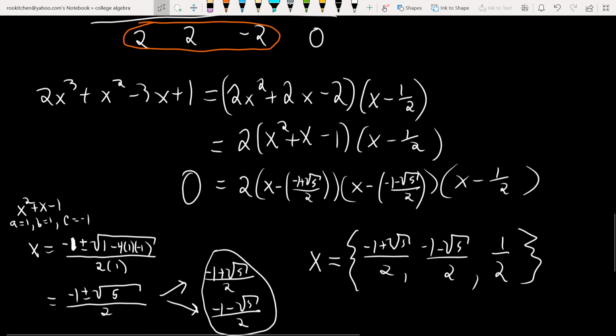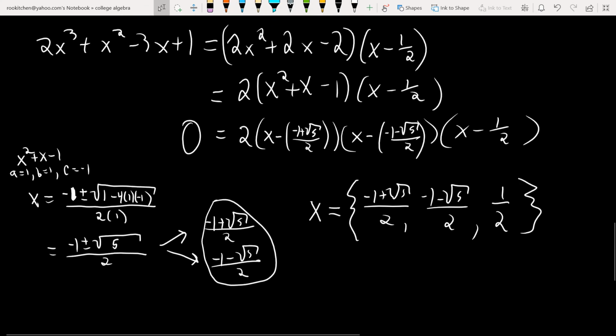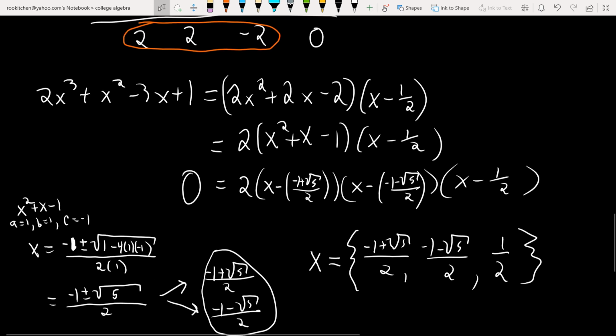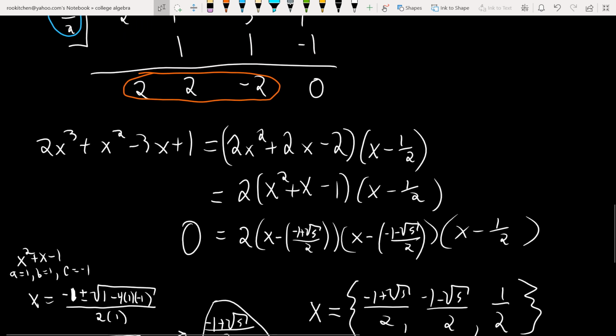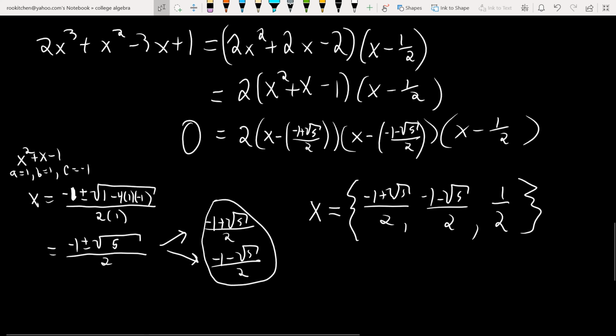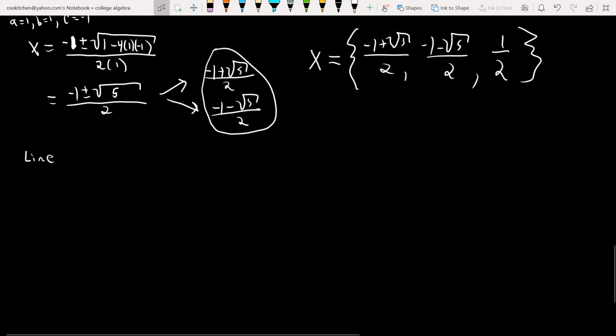Okay. It turns out that any polynomial can be broken down into a product of a bunch of linear factors. And by linear factors, I mean, so what is a linear factor? A linear factor is something of the form x minus c.